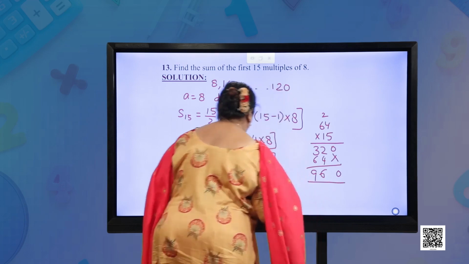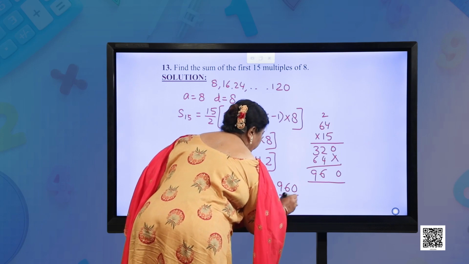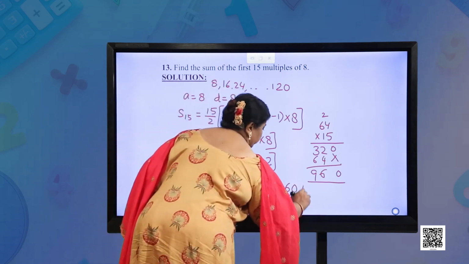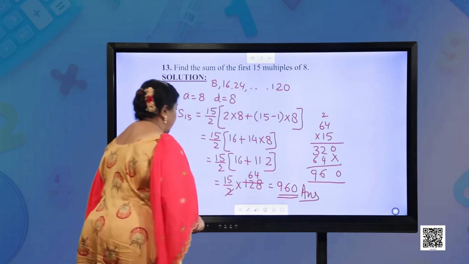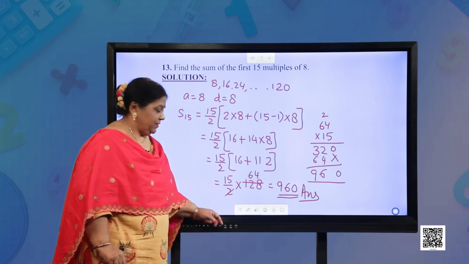Yes, we get 960 as the answer for sum of first 15 multiples of 8. I hope it is clear. Let us do the next question now.